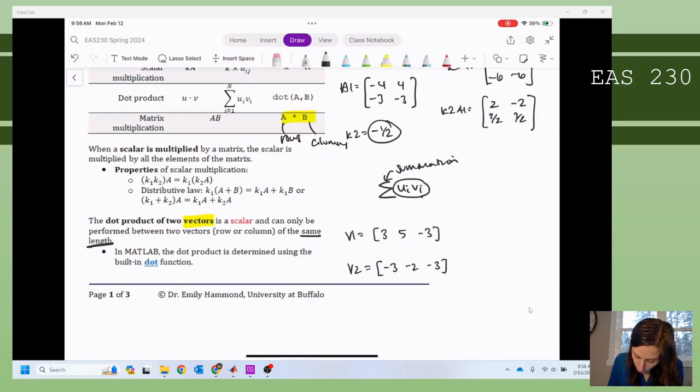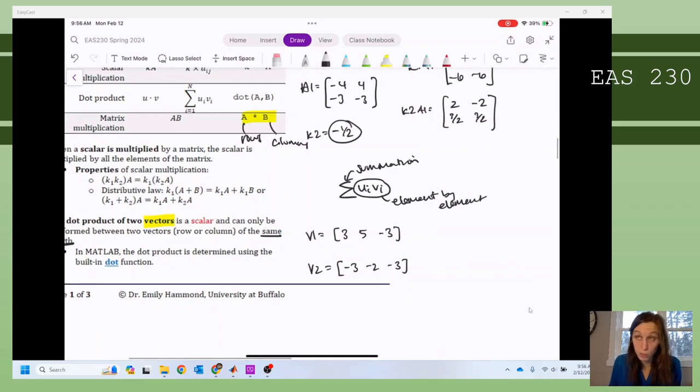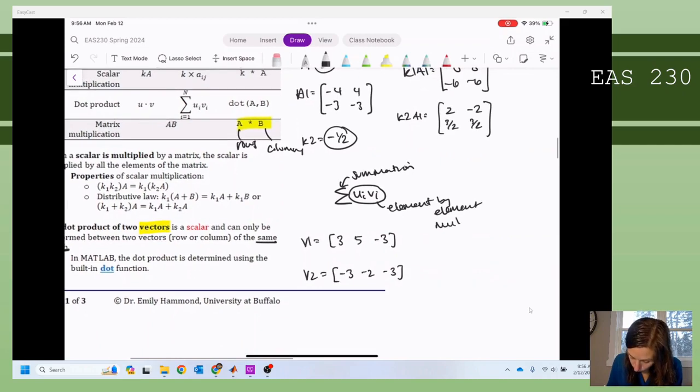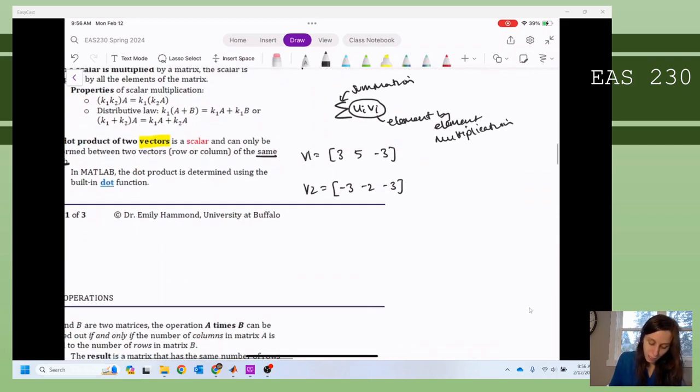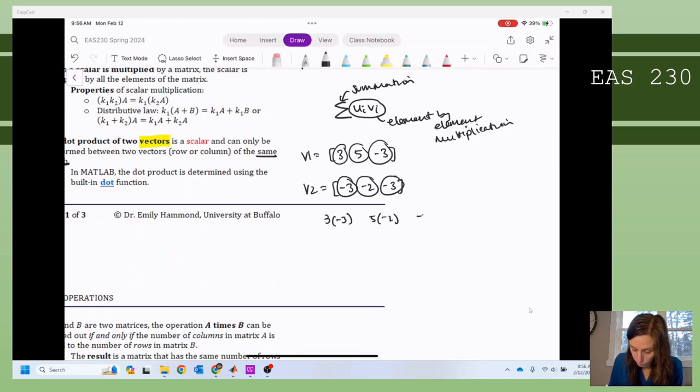This is the element by element multiplication between the two vectors. So for example, I'm going to do element by element multiplication with these two. So I take 3 times -3, 5 times -2, -3 times -3, and sum them all together.